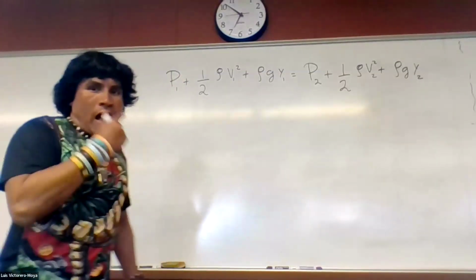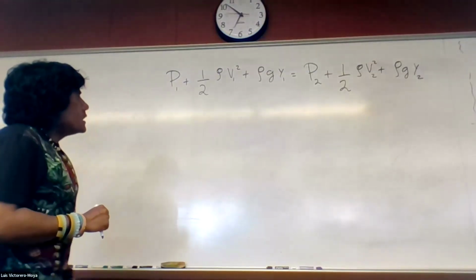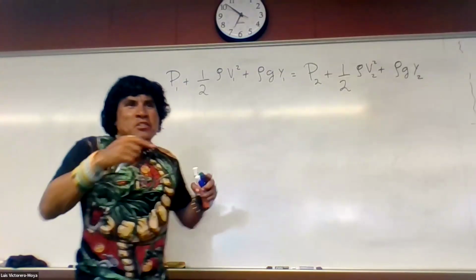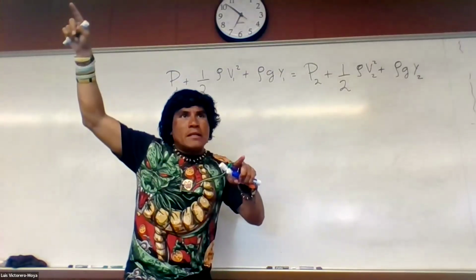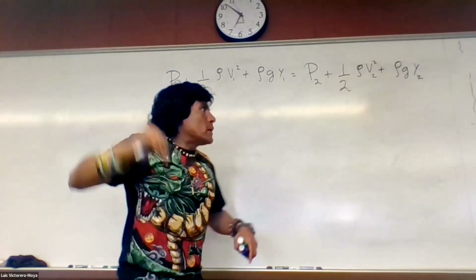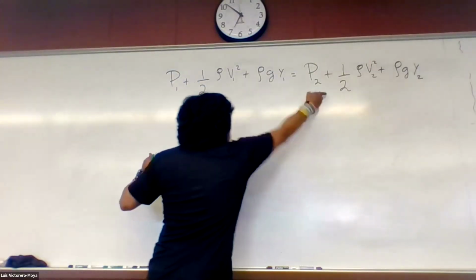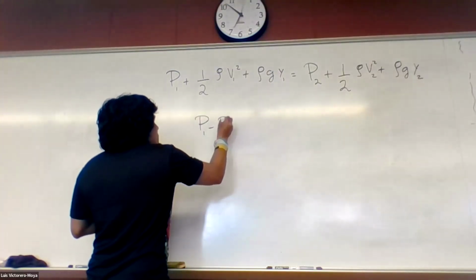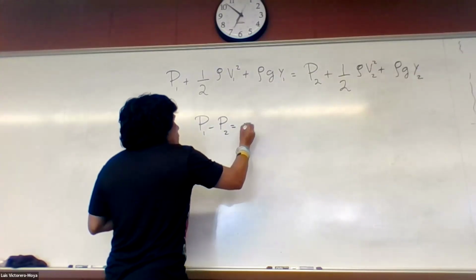So that's the equation we have. Depending on the type of situation, if you're going from the bottom to the top, you expect the one on the bottom to have more pressure than the one on the top. So P1 minus P2 is your delta pressure.